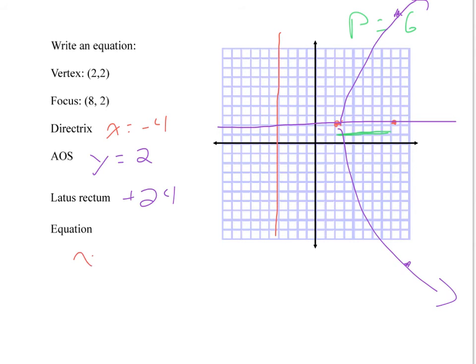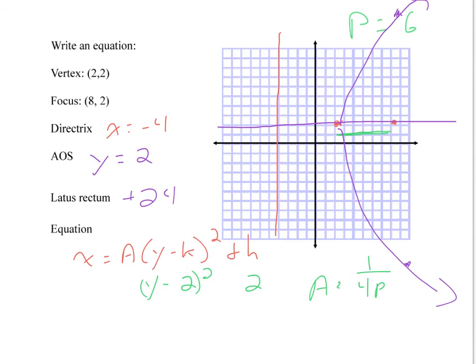So it's x equals a times y minus k squared plus h. I can input my values of h and k. H we decided was 2. K we decided was 2, so this is going to be y minus 2. A, of course, is equal to 1 over 4p.